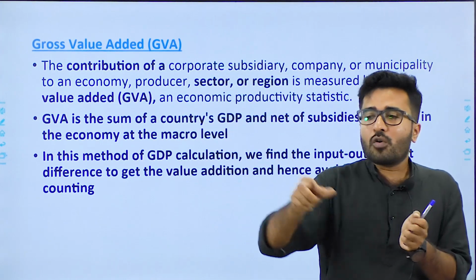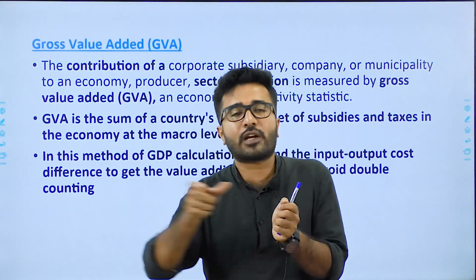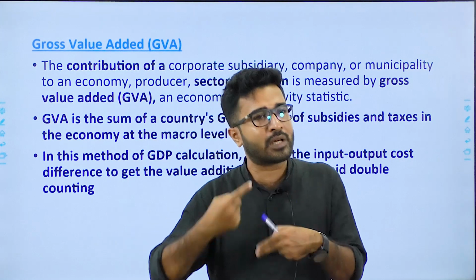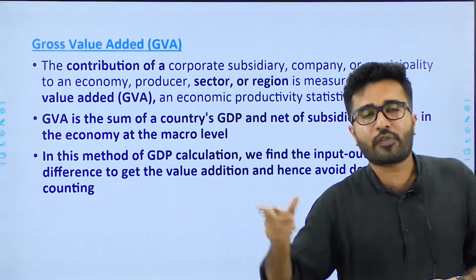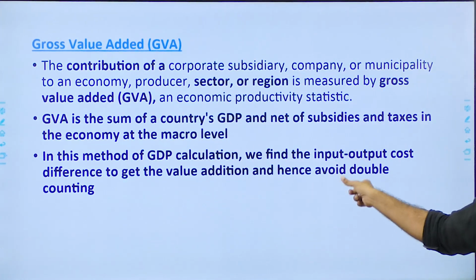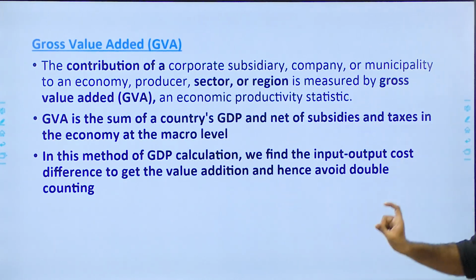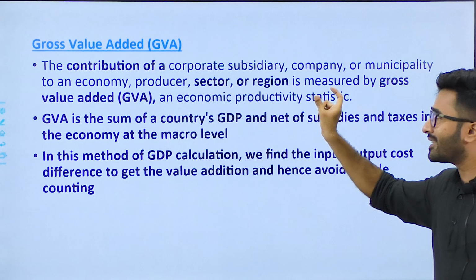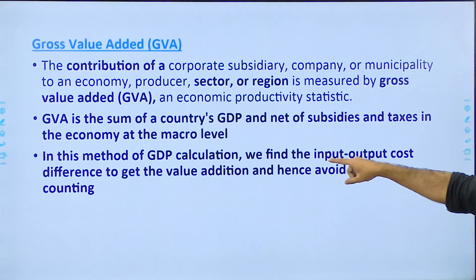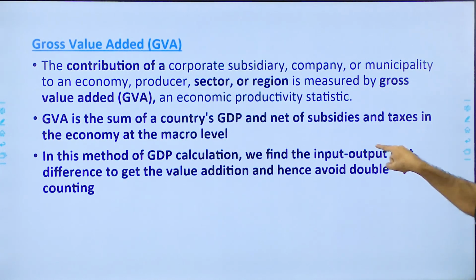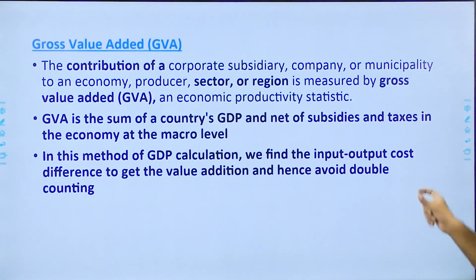Now if you are again adding the value of that raw material in the final value, it will be leading to double counting. So from the value of the final output, we have to reduce the input cost.